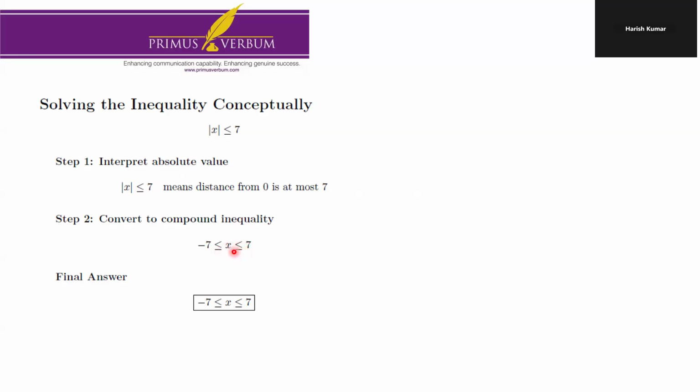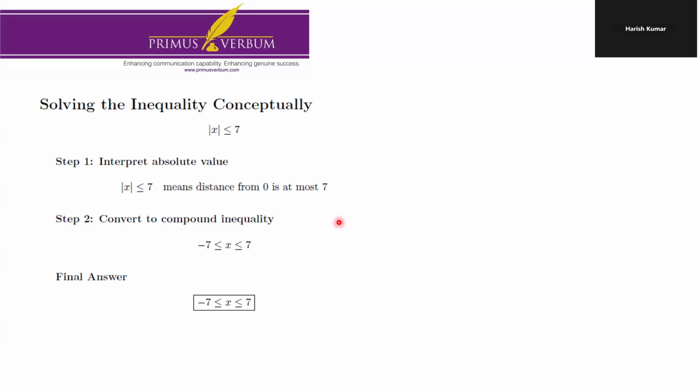Now this will be true if x is greater than or equal to minus 7, and x is less than or equal to 7. So this compound inequality satisfies the conceptual understanding that x is at most 7 units from 0.